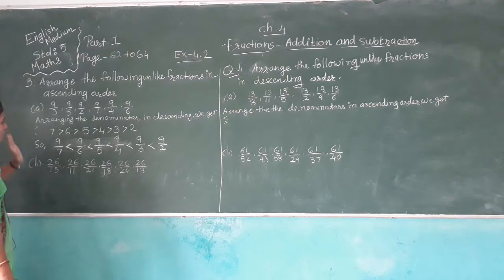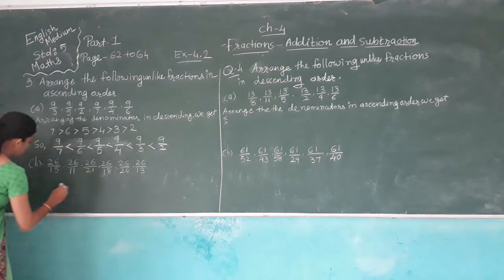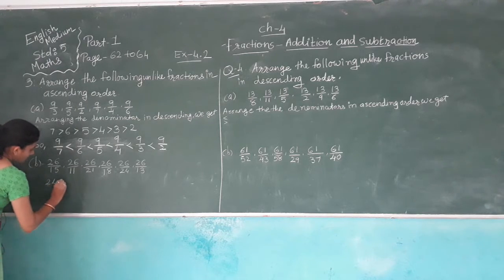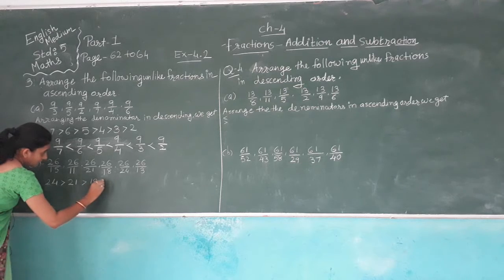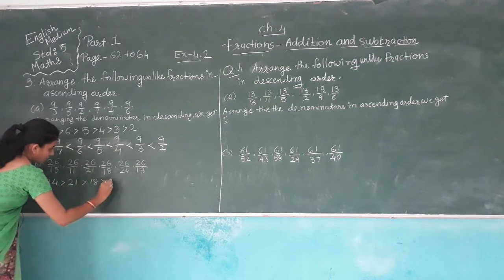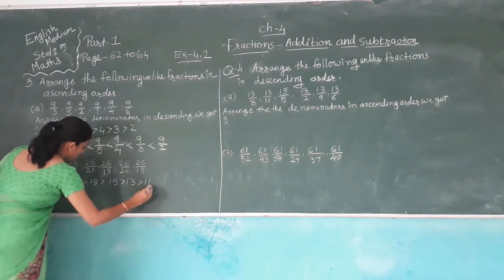Now next one. First we arrange the denominator in descending order. In both, which one is the greater? 24, then 21, then 18, then 15, then 13, then 11.